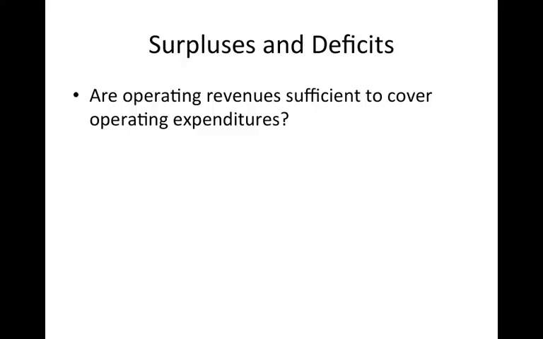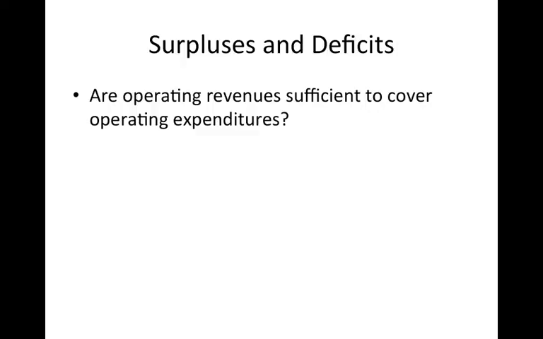A surplus may indicate that they're not spending everything that they ought to be spending to provide service, and a deficit may be a timing thing, that they had resources come in the previous year that were meant to be used in the current year, so it made it look like there was a big surplus last year and a big deficit this year, but it really was just a matter of timing. You need to look into that to understand what's going on there.